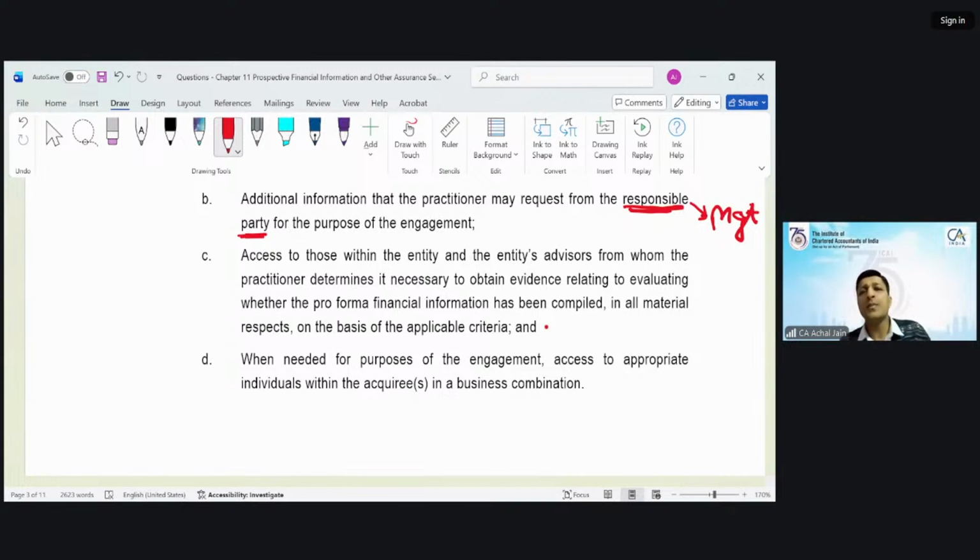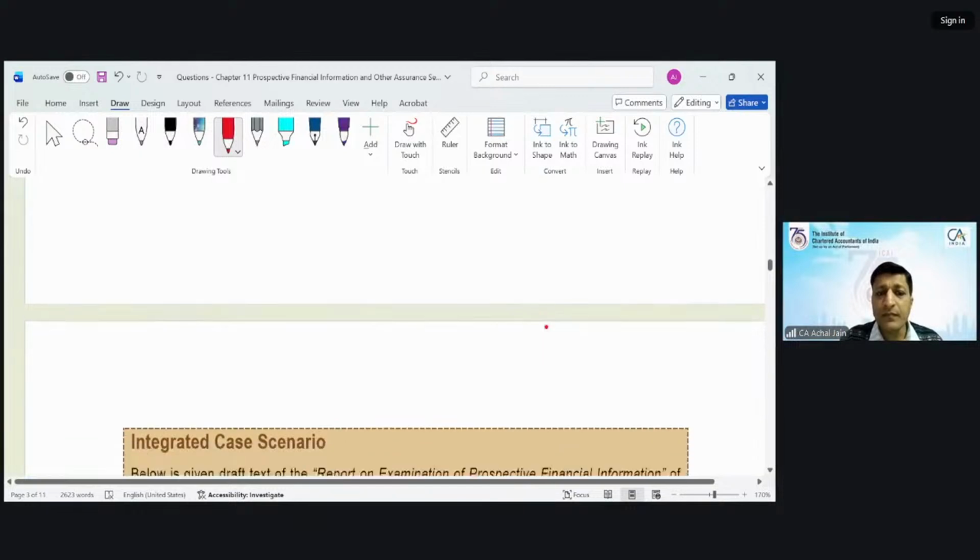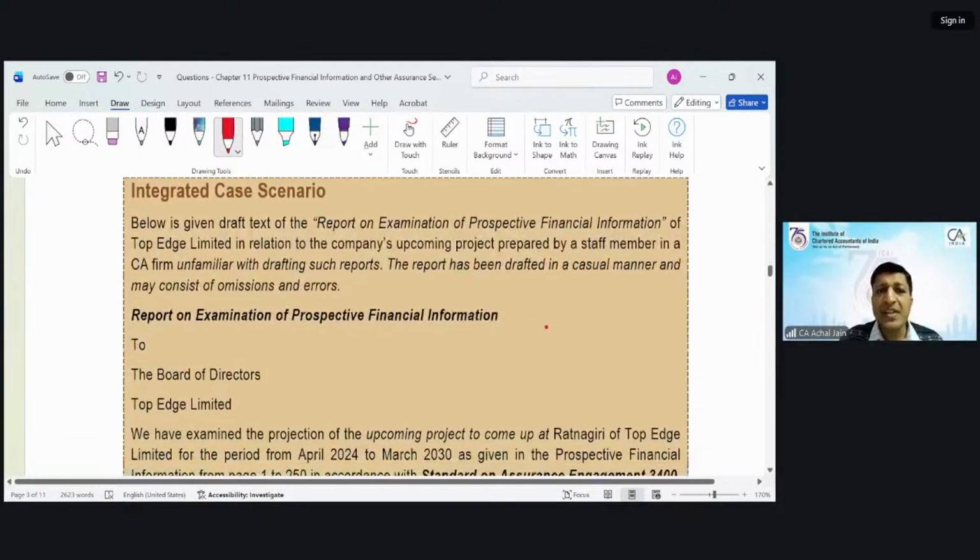If some third parties have been engaged, access to those third parties also, because the practitioner can go meet them, talk to them, discuss, and ask for some information. All of these things the practitioner will require. When needed for the purposes of the engagement, access to appropriate individuals within the acquiree in a business combination. So some of these things need to be in place, correct?